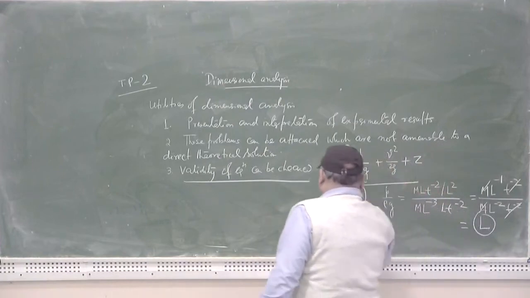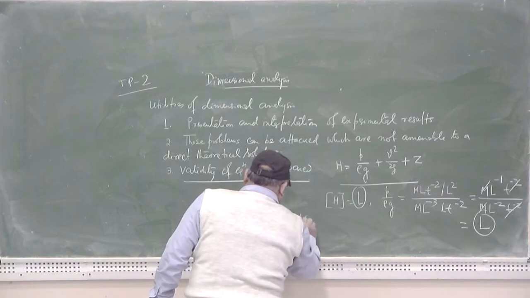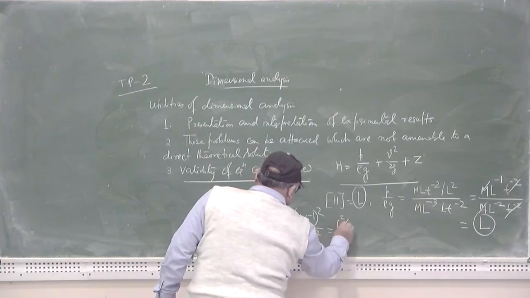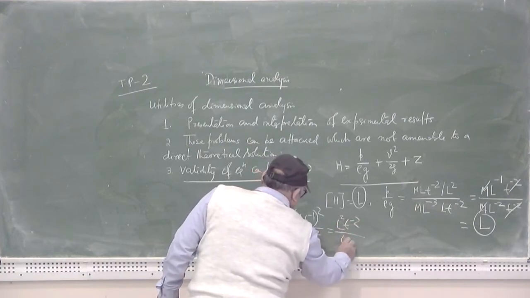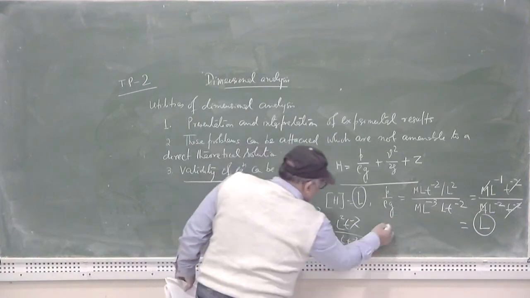V square by 2g, what should be the dimension of this quantity? V square by 2g, that is L T to the power minus 1 square divided by L T to the power minus 2, that is L square T to the power minus 2 divided by L T to the power minus 2, that is equal to L, same dimension.